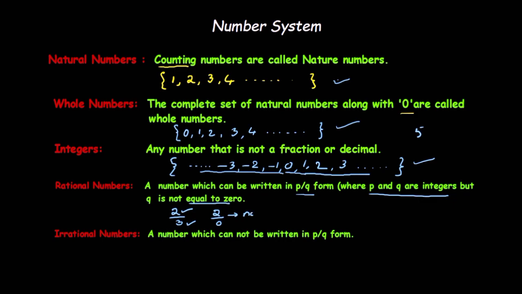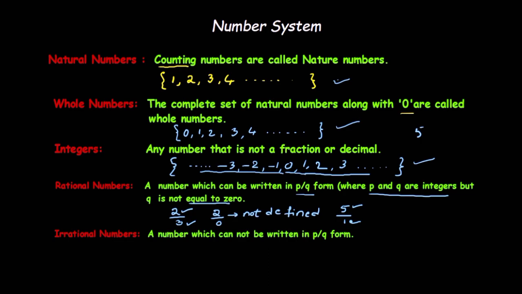For suppose the number I am going to take is 5, also a rational number, because 5 we can write as 5 divided by 1. Here 5 is an integer and 1 also an integer. So 5 we can write as 5 by 1, so this 5 is a rational number.